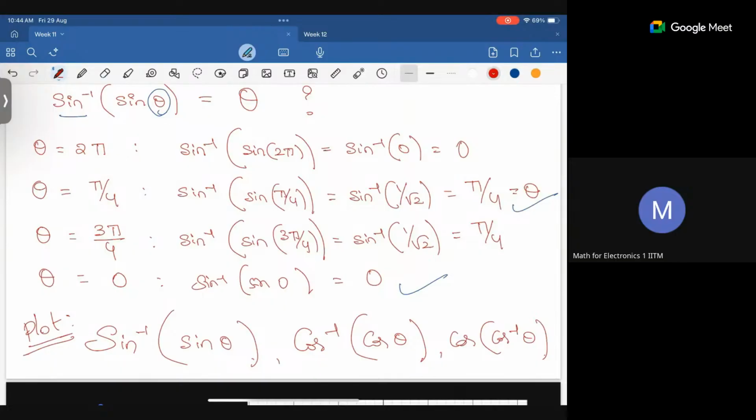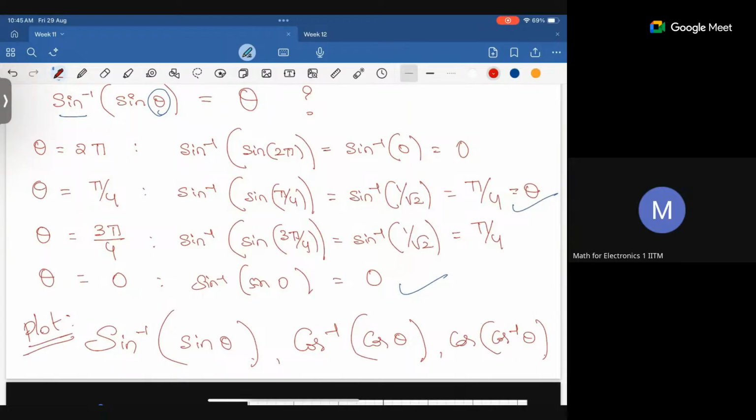So what do you think cos of cos inverse theta will be? Any thoughts on that? Will it be simply x?